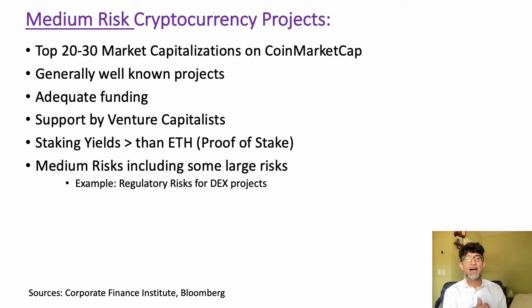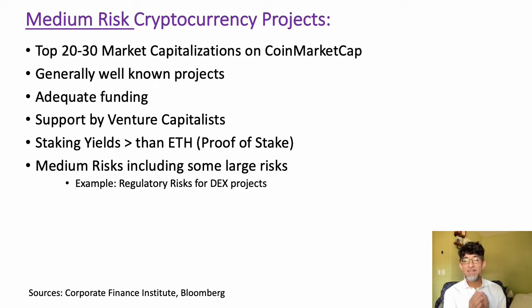Now we're going to look at the other cohort, medium risk. These are the 20 to 30 market cap coins on CoinMarketCap that we know of, like maybe Elrond, or definitely Phantom is a good example of that. They have good funding. They still continue to be well known, and lots of venture capitalists in them.